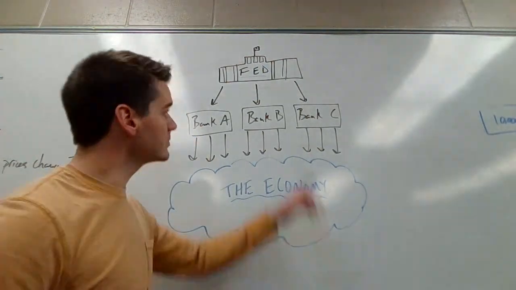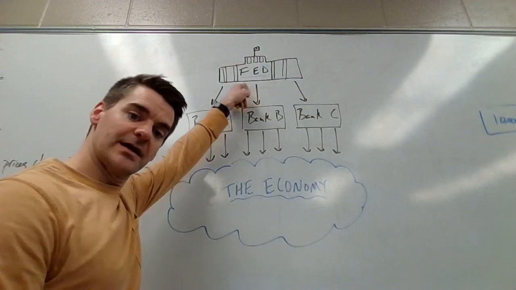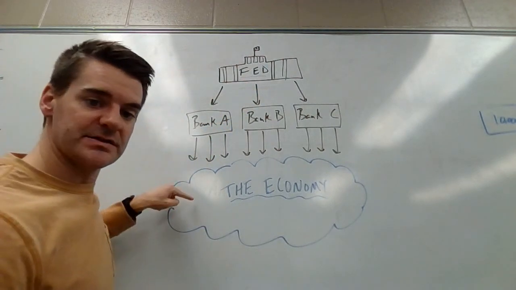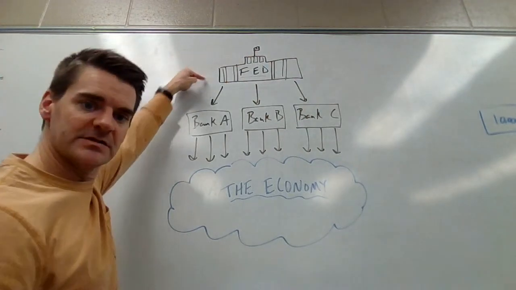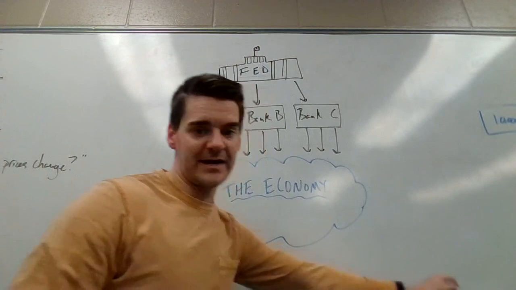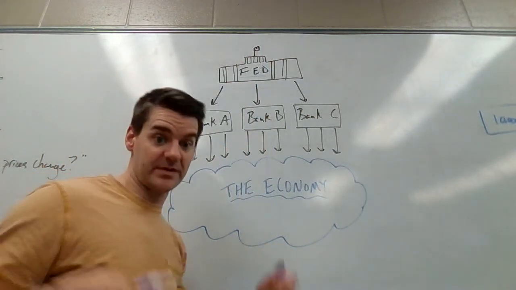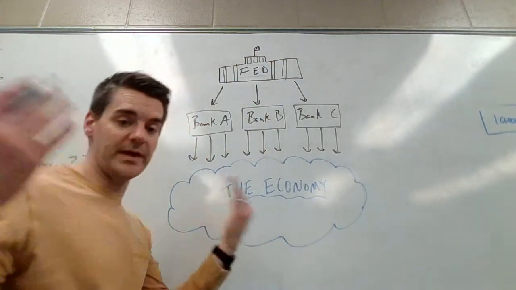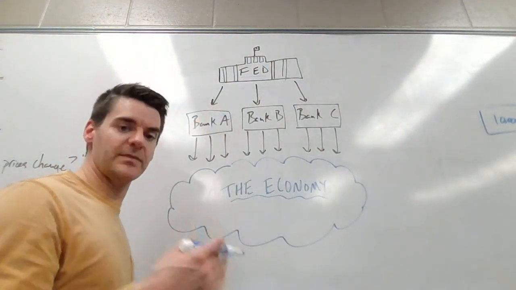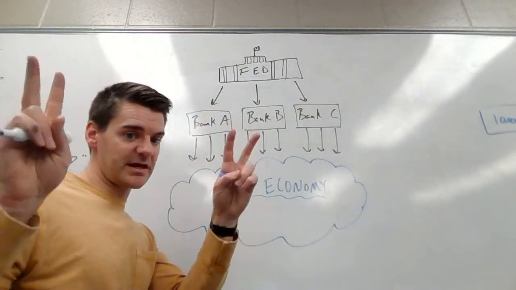Well, the Federal Reserve, believe it or not, also lends money, just like banks will lend money to us. The Fed lends money to banks. And the interest rate that banks have to pay when they borrow from the Fed, because they have to pay interest just like we pay to them, the interest rate that the Fed charges them is known as the discount rate.